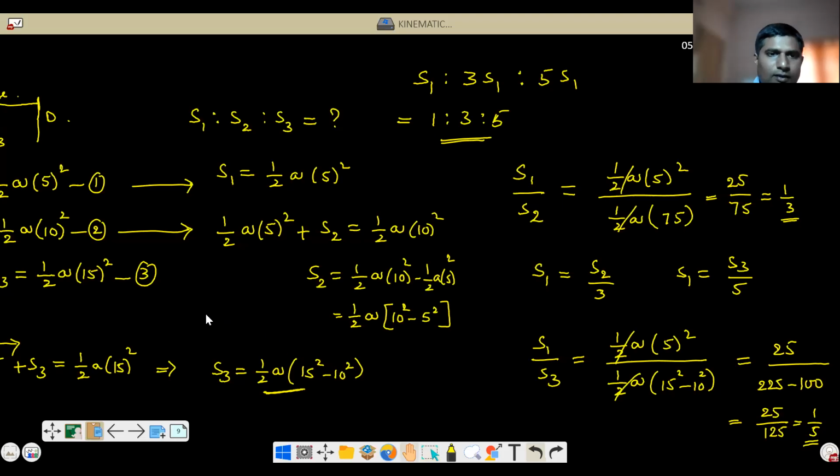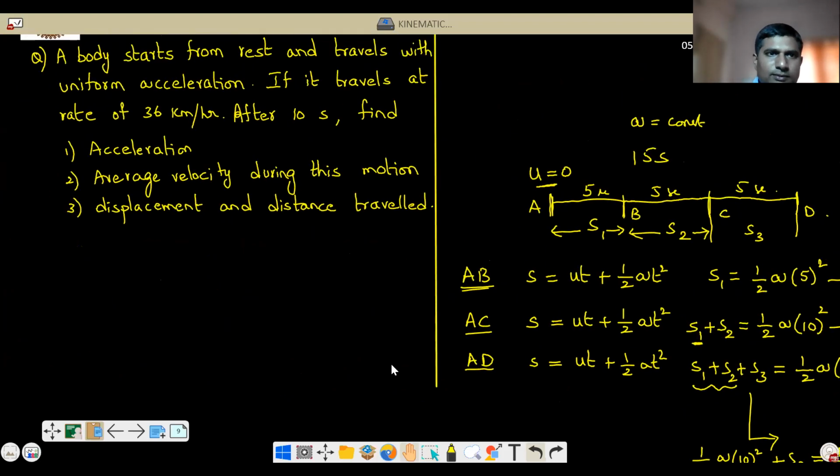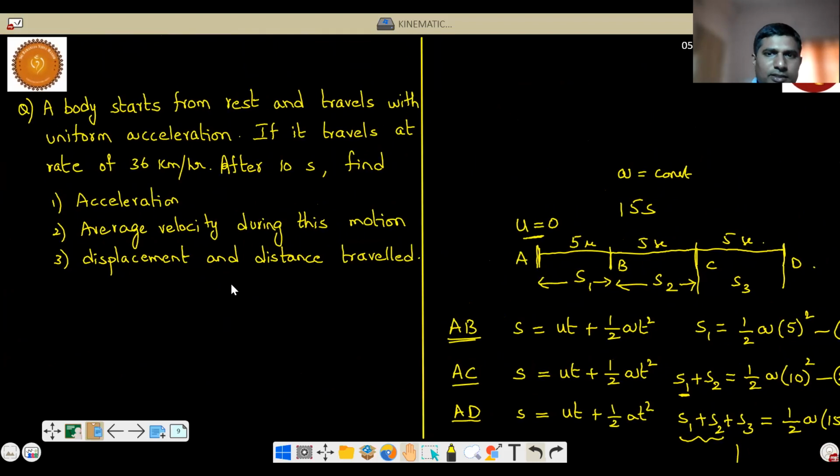Okay, so now see here. I gave one question. Can you do this? A body starts from rest and travels with a uniform acceleration.